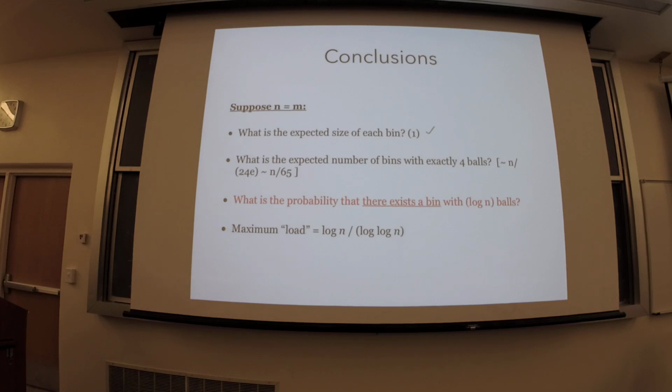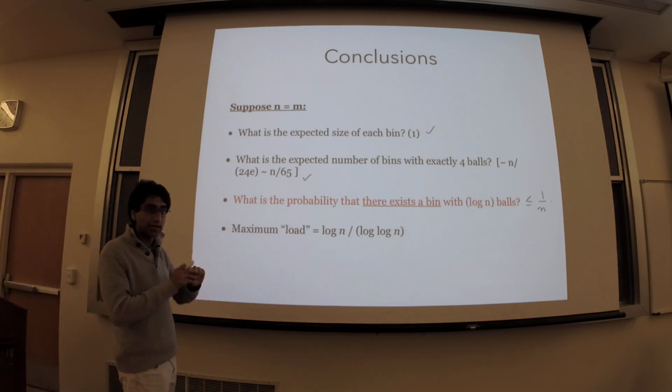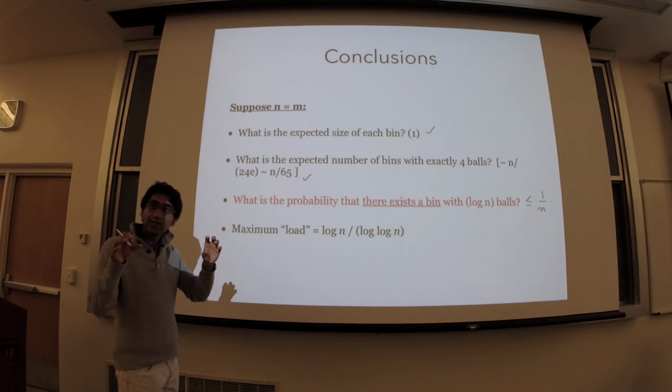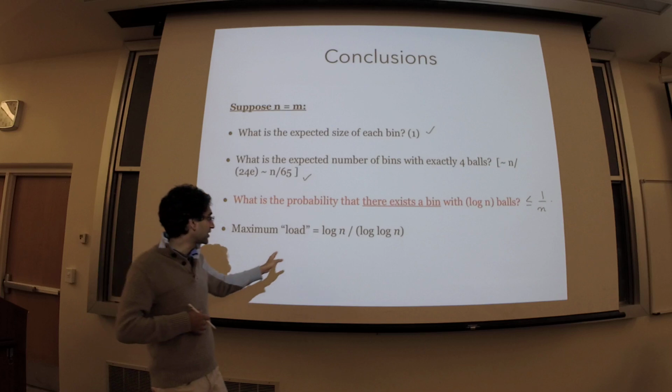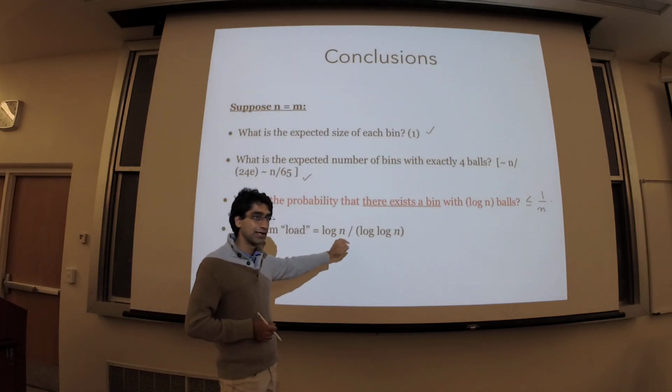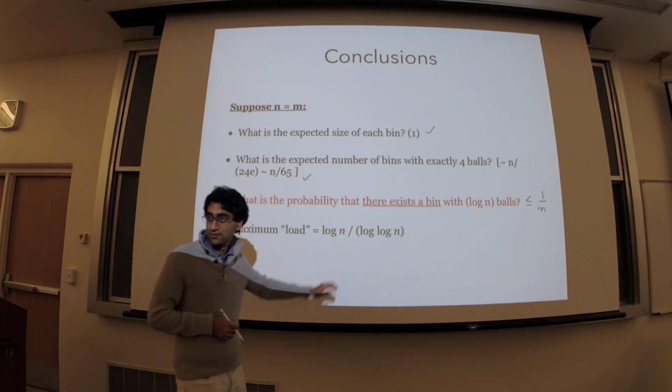All of these bounds are fine, and this we said is less than or equal to 1 by n, and it turns out that this is actually close to the expectation. So if you do a random balls and bins experiment with n balls and n bins, there is a bin that has something not quite log n, but something very, very close to log n. Log n divided by log log n balls.